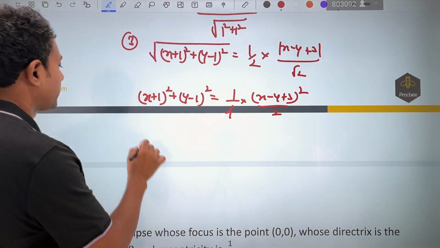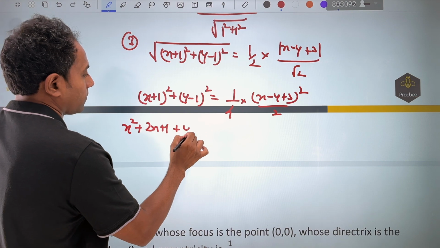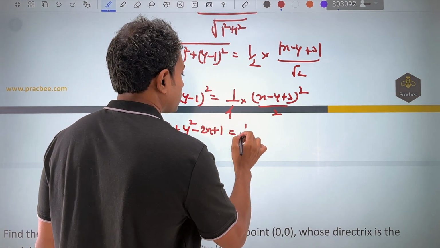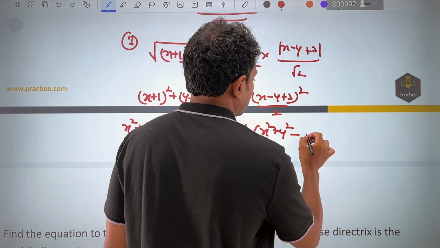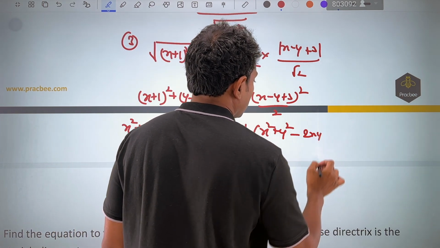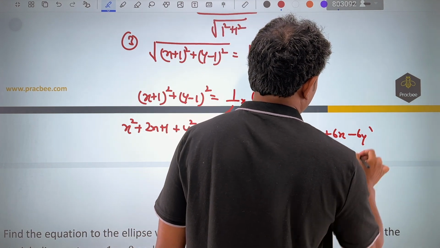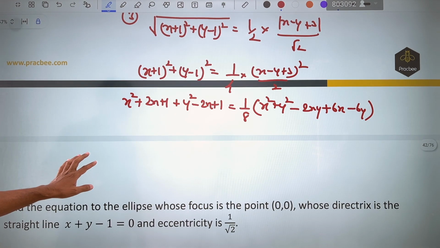So if I simplify, my left hand side becomes x² + 2x + 1 plus y² − 2y + 1. This becomes 1 by 8 times x² + y² − 2xy + 6x − 6y. This is what we are getting. So if I simplify this, I will get my final answer.